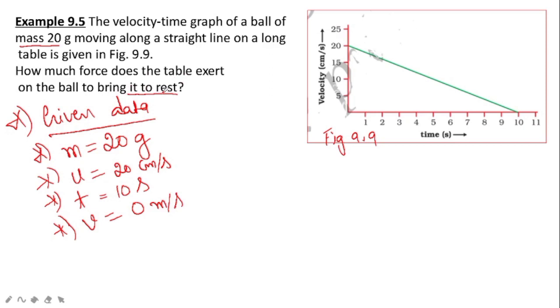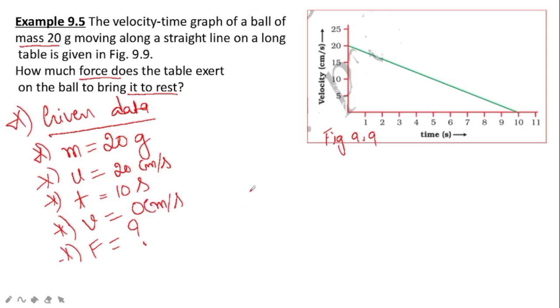Now we have to find what? How much force does the table exert? So then the question is F equal to question mark. Now do we have all data? Yeah, we have all data here. So since we have the initial velocity in terms of centimeter per second, we will take it as centimeter per second itself.